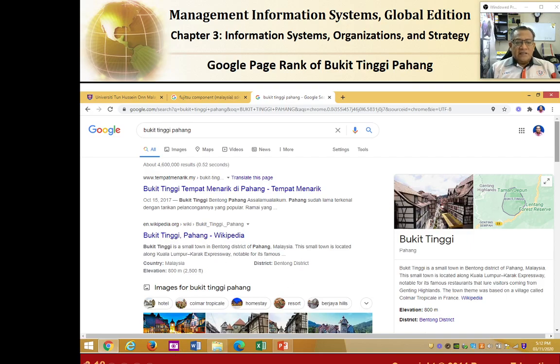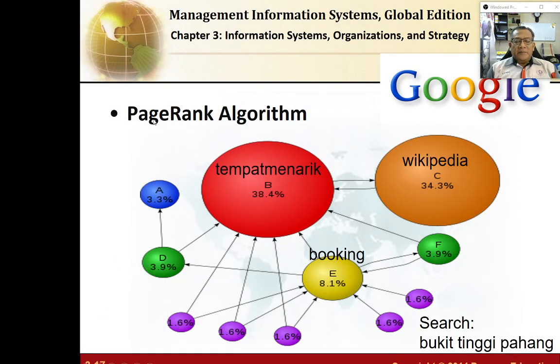So when you search a certain phrase, the page rank algorithm will search for the websites that visitors have hit the most. For example, the tempat menarik website is at 34.4%. That's why it is ranked first in the listing of found websites.